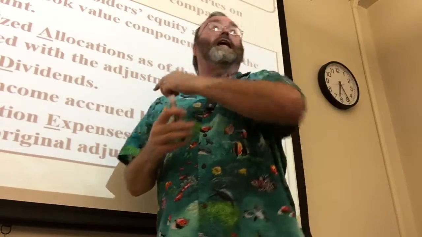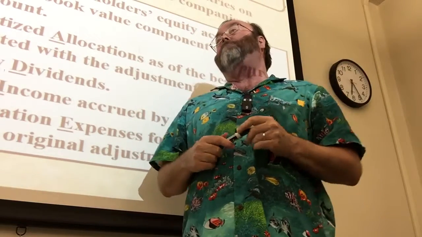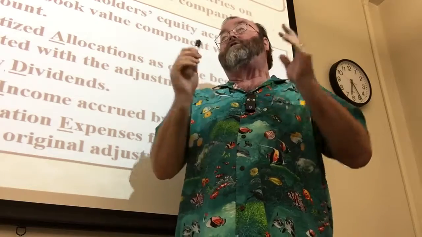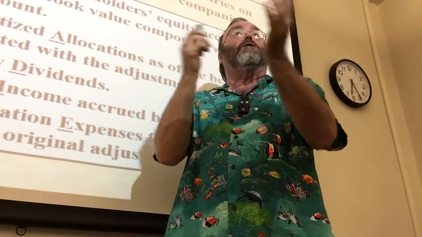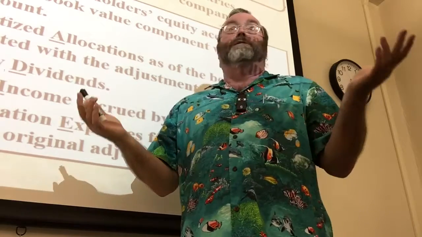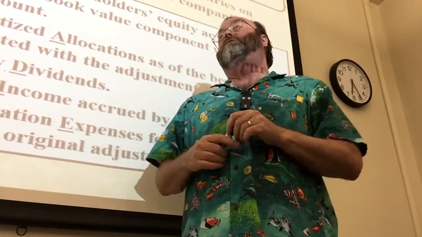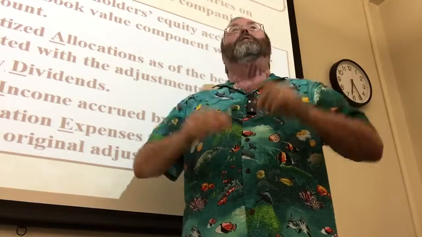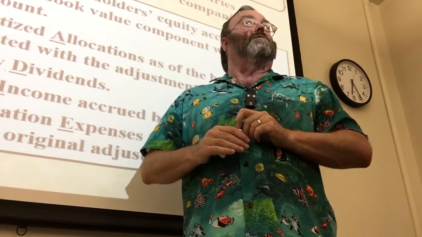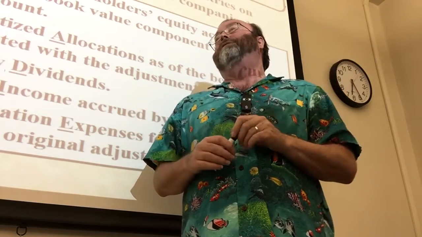In this last entry, you took a debit to the investment in Sun Company for $100,000 and a credit to equity earnings in subsidiary for $100,000. Doesn't make any sense to keep that. You're going to take all of their earnings, which next week I'll tell you how crazy that sounds sometimes if you don't own 100%.